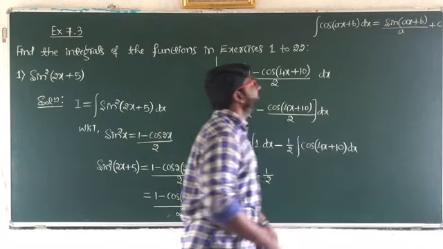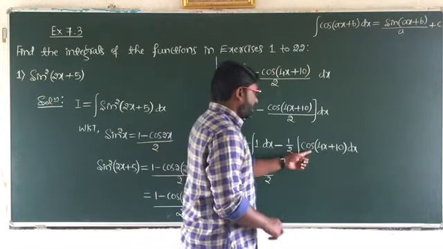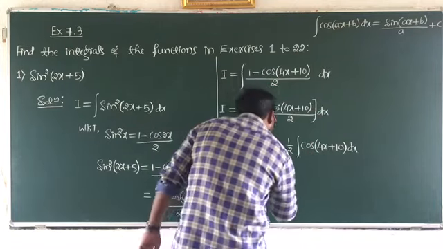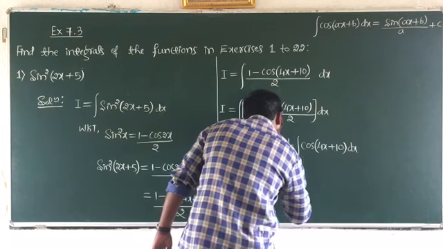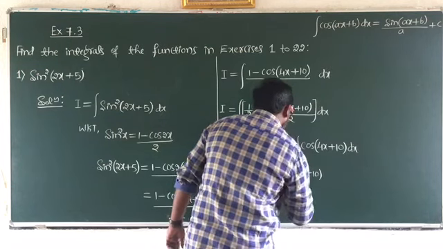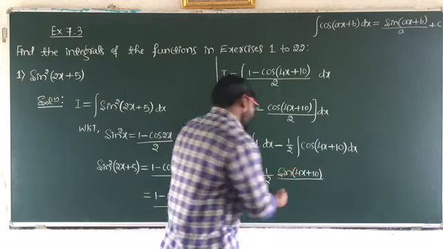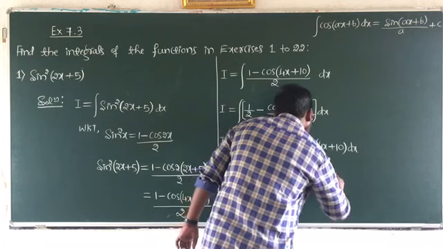So this is the standard formula. We have to make use of that now. So cos of (ax plus b) will be sin of (ax plus b), that is (4x plus 10), divided by a. What is a here? A is 4, plus c.